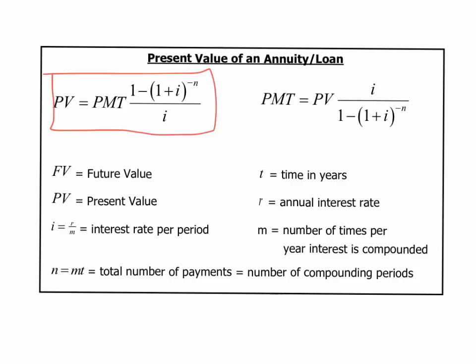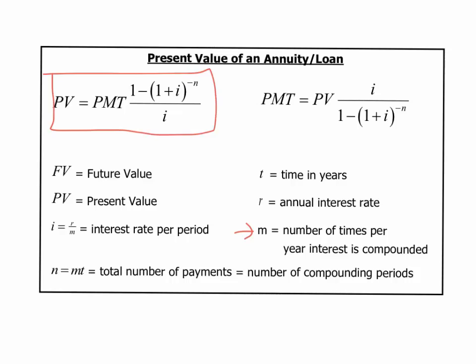Our i, just like when we were accumulating money, is r divided by m. t is time in years, r is the annual interest rate, m is the number of times per year that we're compounding, and n is our total number of payments, or total compounding periods. Just as when we were accumulating money, it's important that our style of compounding matches our frequency of deposits.